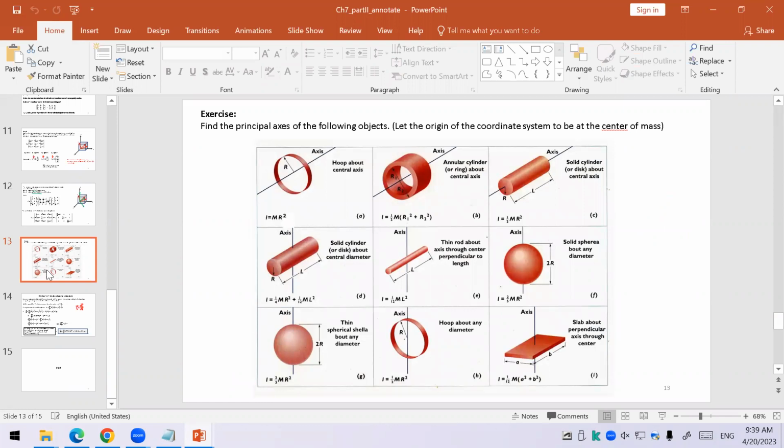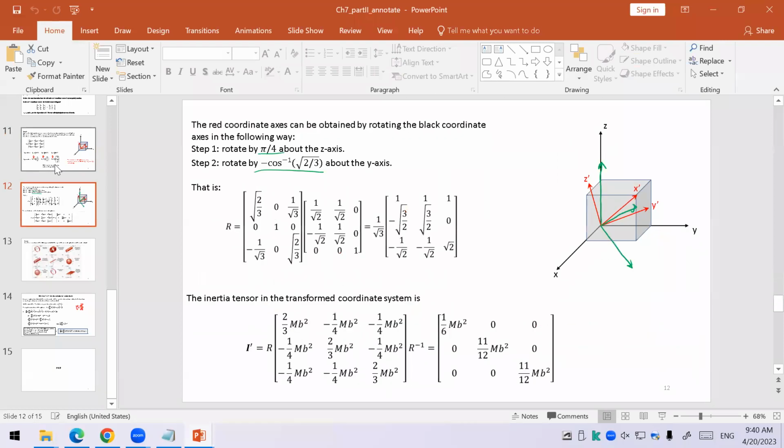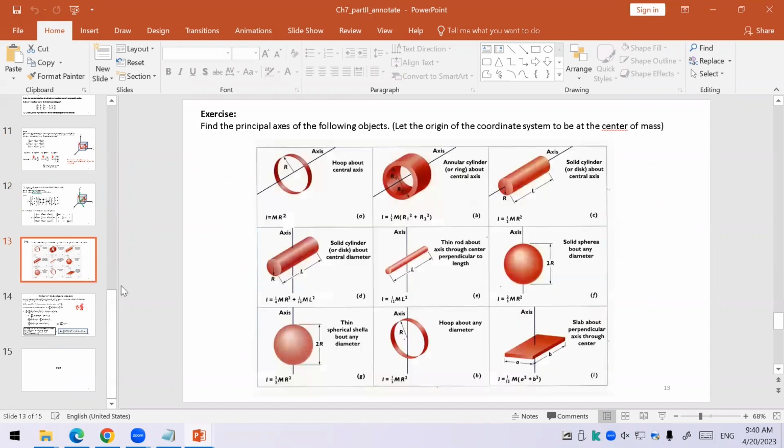Essentially, the moment of inertia is the diagonal element of your inertia tensor when you are in a coordinate system where the 3 coordinate axes are parallel to the principal axes of the rigid body that we are considering.